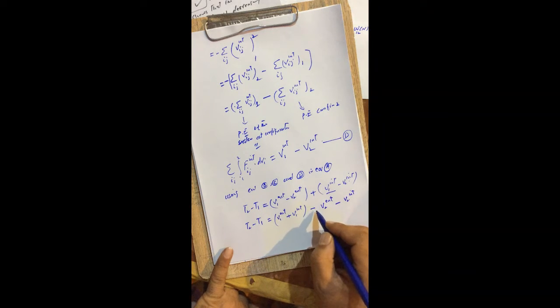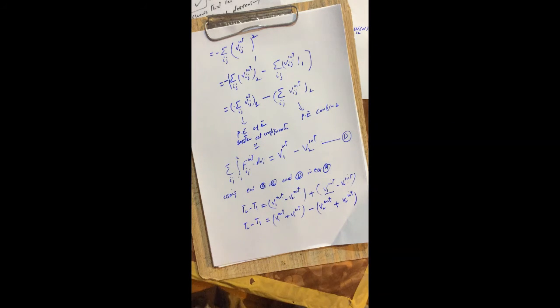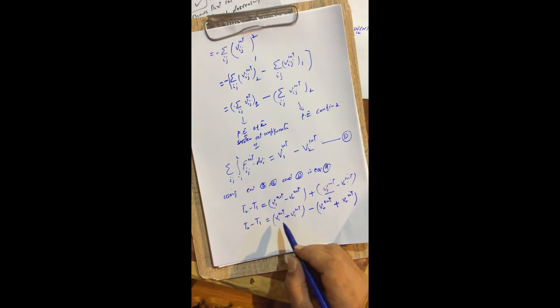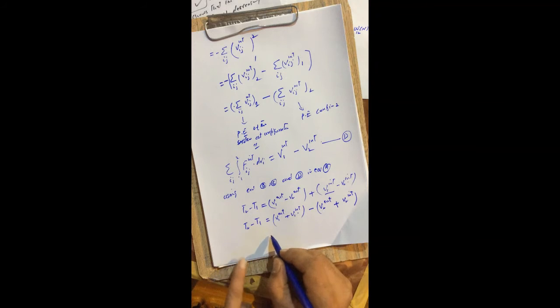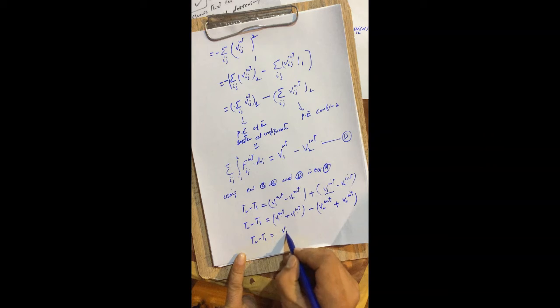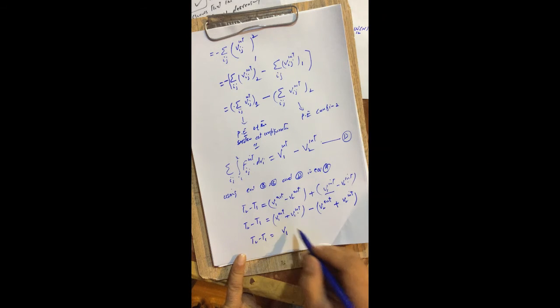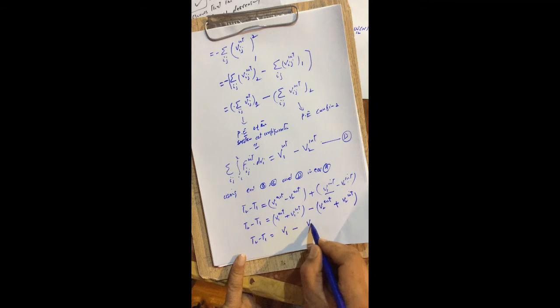So if I keep minus sign common, then this will become positive. Now this is the potential energy at configuration 1 due to external force as well as internal force. So this is the total potential energy at configuration 1. So T2 minus T1 is equal to the total potential energy at configuration 1 minus the total potential energy at configuration 2.